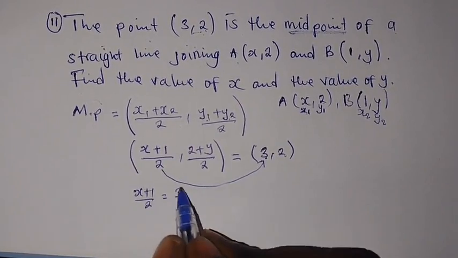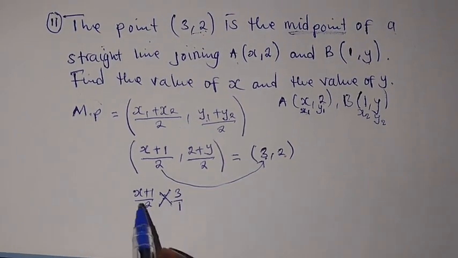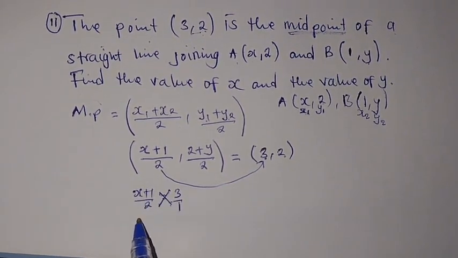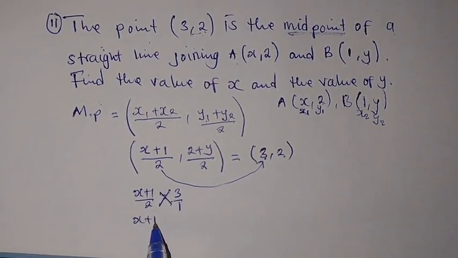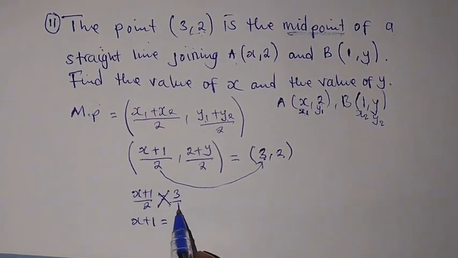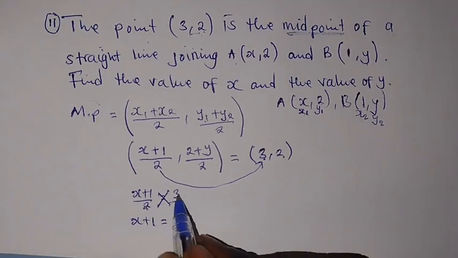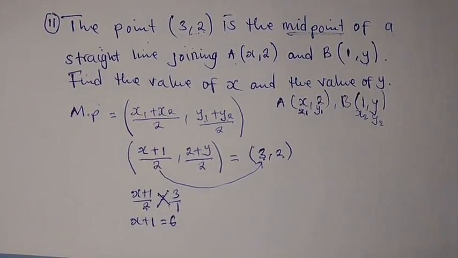So this is a fraction. This is not a fraction. You can divide by 1. Then you cross multiply. So x plus 1 times 1, you get the same thing, which is x plus 1, over, 1 will multiply x, it's x. 1 times 1, it's 1. Unless there was a bigger number here apart from 1, then this will change. So 2 times 3, it's a 6. Now we want to find the value of x.